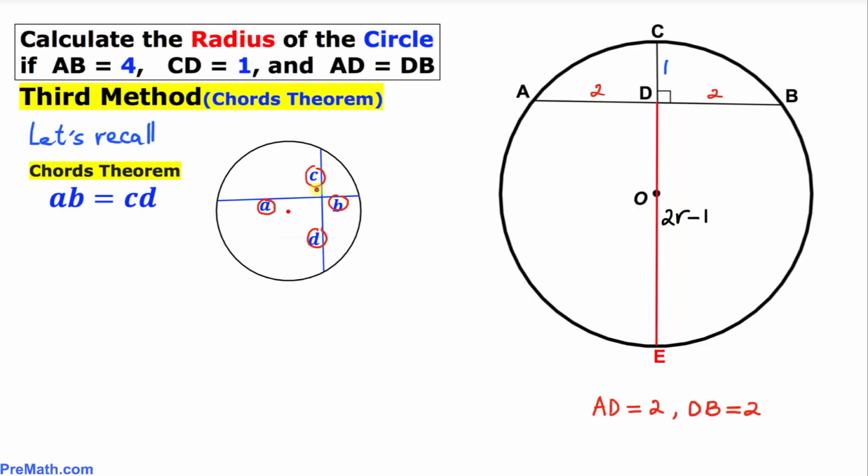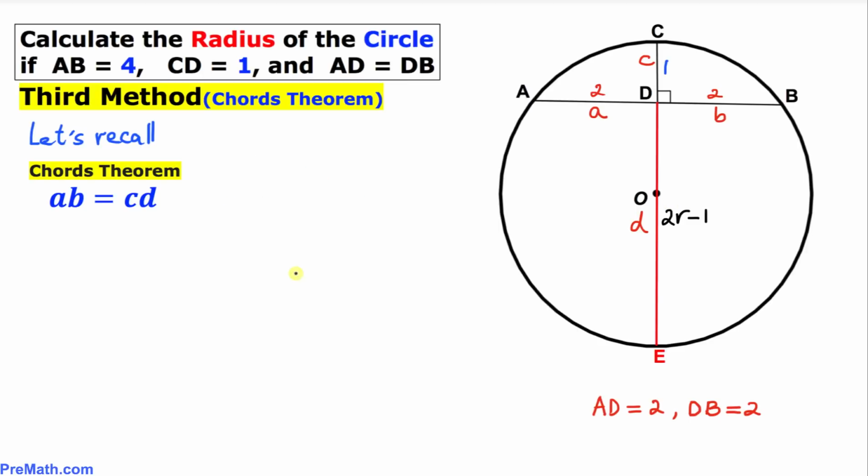If we apply this same analogy in our problem, then this AD is going to be our A, this DB is going to be our B, this CD is going to be our C, and then DE is going to be our D. Now let's go ahead and apply this formula to this problem.